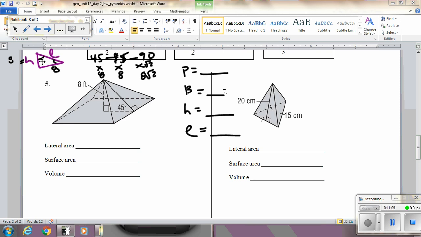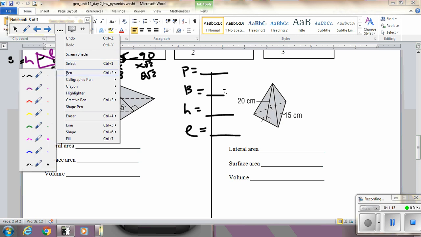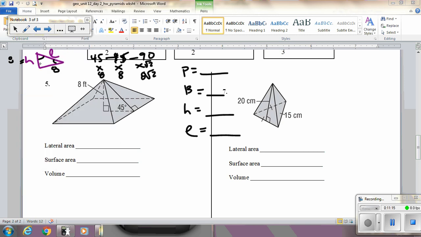So that means across from 90, which is our slant height, is going to equal 8 root 2. So there's our slant height. We have our 3D height, it's 8. Our units are feet. So if this is 8, the entire side is 16.